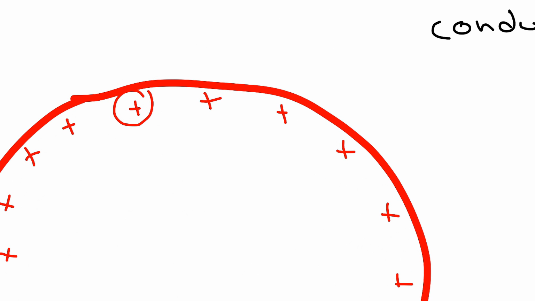If I look at the forces on this charge right here, I've got forces acting on it from all of these other charges. This charge is going to exert a force maybe to the right, and this charge over here will exert a force to the left.